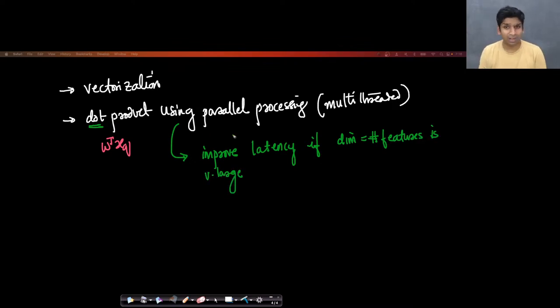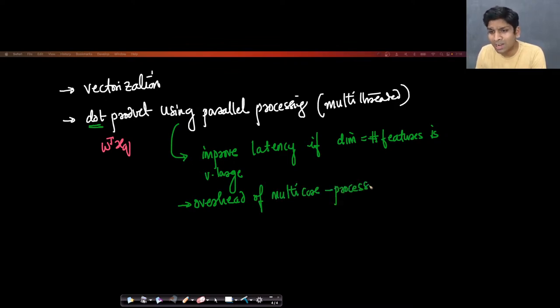But this has a disadvantage: when you do parallel processing, you might have to wait for other threads to complete and share the data. All that sharing of data, waiting for other threads to complete, that's an overhead. So there is obviously an overhead of multi-threading, overhead of multi-core processing and communication. That overhead is there, but it is still all right if this is very large.